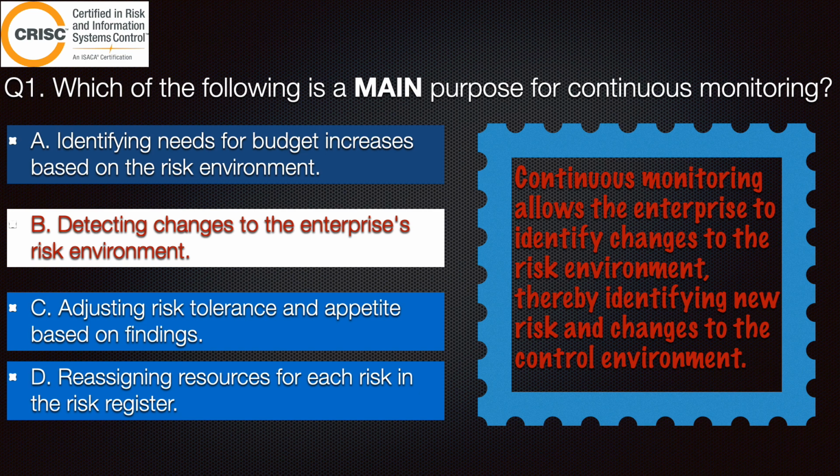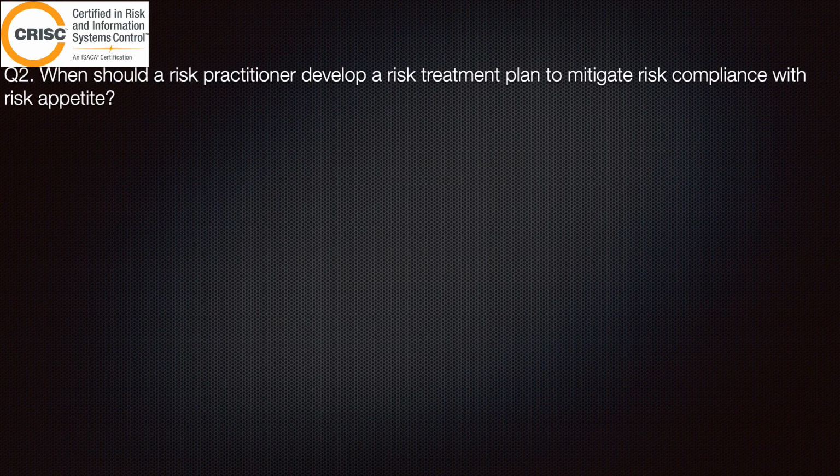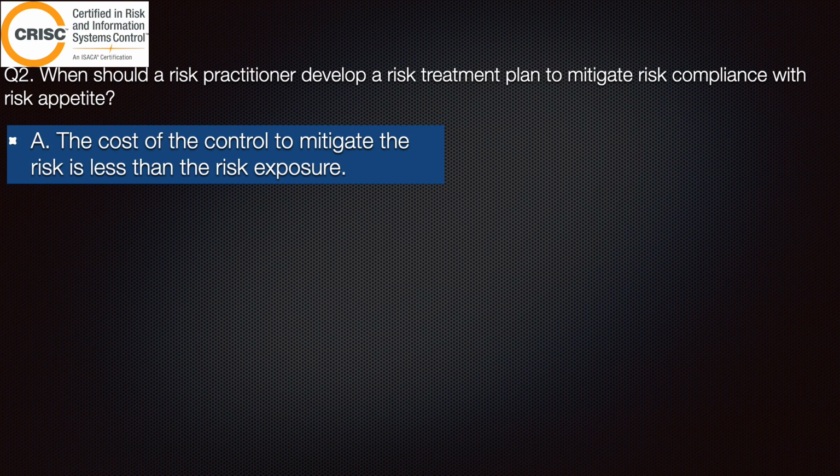Understood? Okay, moving to the next question. Question 2. When should a risk practitioner develop a risk treatment plan to mitigate the risk in compliance with the risk appetite? The options are: option A, the cost of control to mitigate the risk is less than the risk exposure.